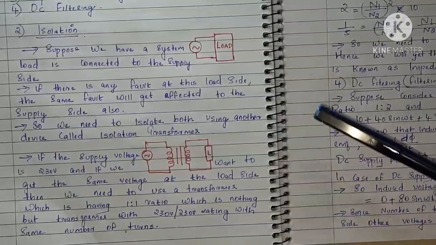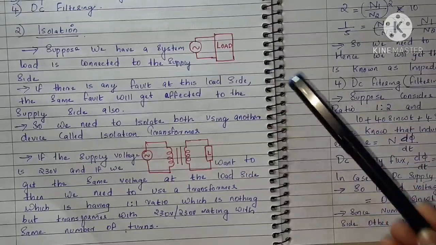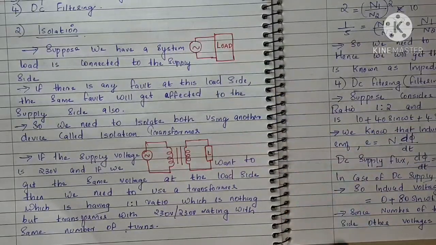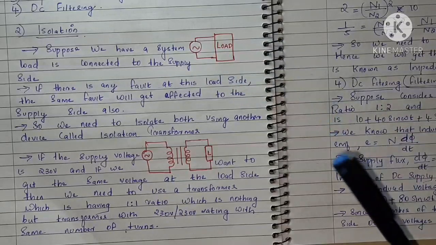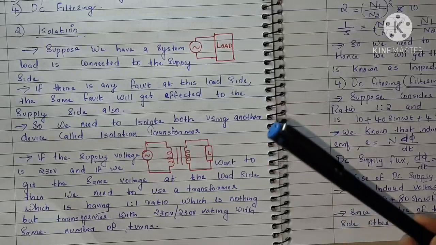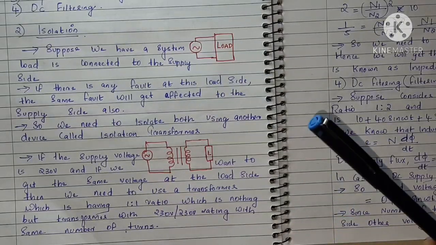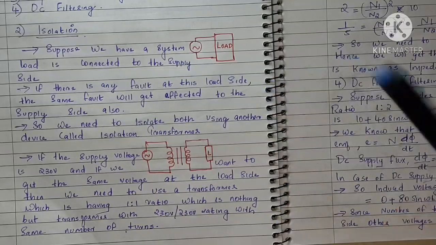Isolation is nothing but, suppose we have a system in which the load is connected directly to the supply side. If there is any fault at this load side, the same fault will affect the supply side also. So we need to isolate both using a device known as an isolation transformer.